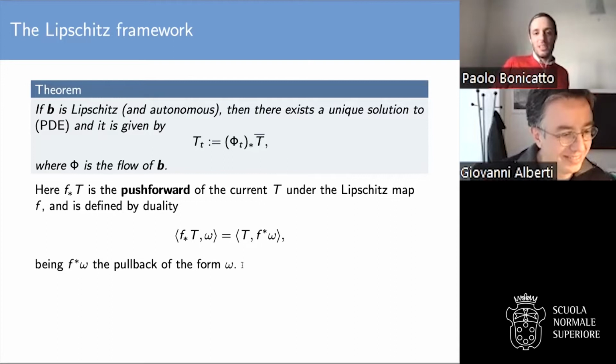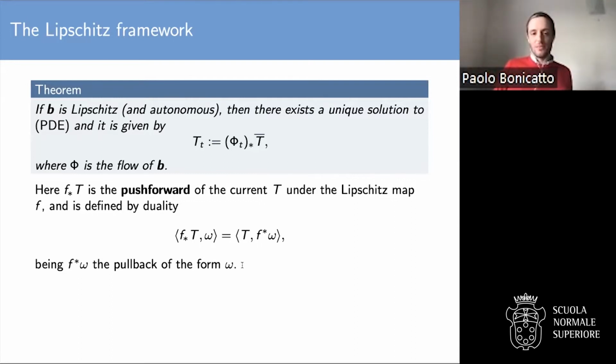Because if we are indeed in the classical setting, so if B is Lipschitz, or let's say even C1, then yes, we can prove well-posedness results for this equation. It's fairly easy. Namely, we can show that there exists a solution. The solution is unique. This is not completely trivial, but it's still rather easy. And we can actually also write down the formula, which is exactly as Giovanni Alberti was pointing out.